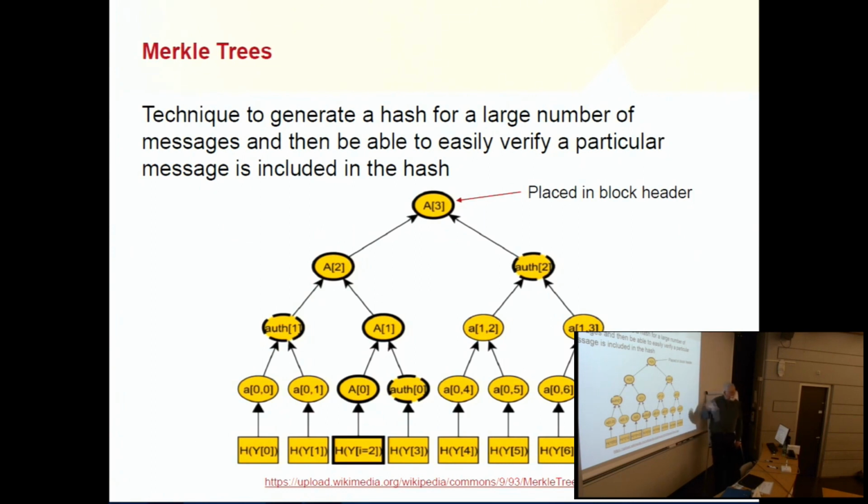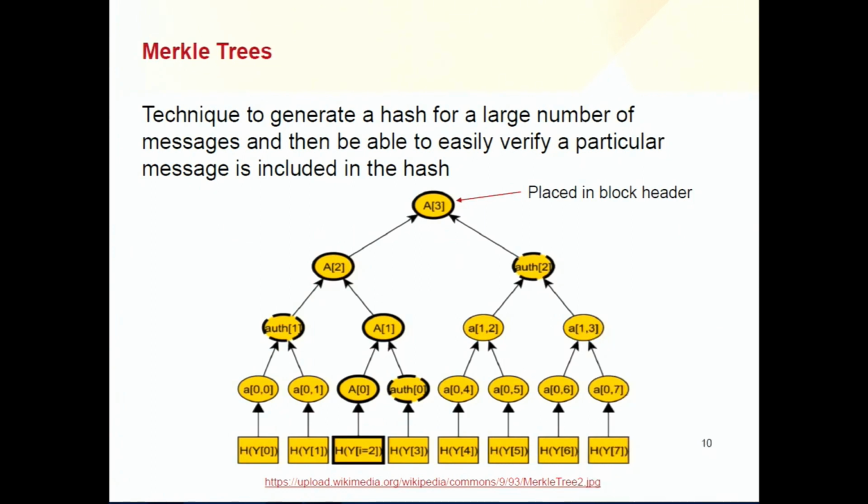And it's very efficient in terms of determining if something is in there. Suppose, as this diagram shows, that A2 there, you wanted to check to see if that's in the chain. You would just have to compute the hash of this one, which goes here, the hash of this one, which goes here, and the hash of this one to go there.